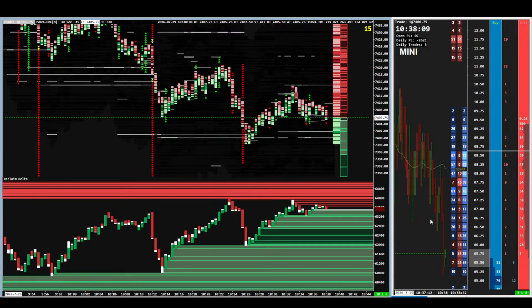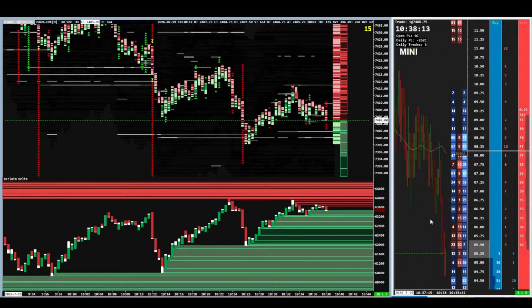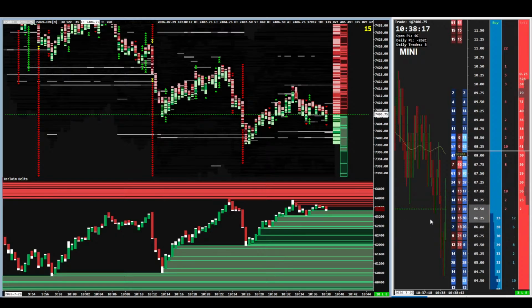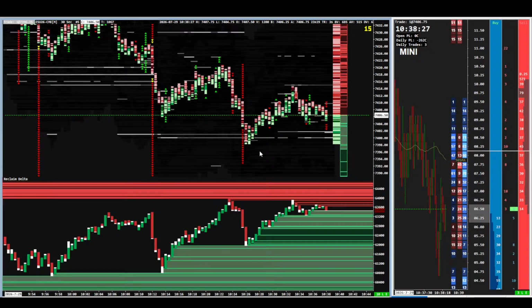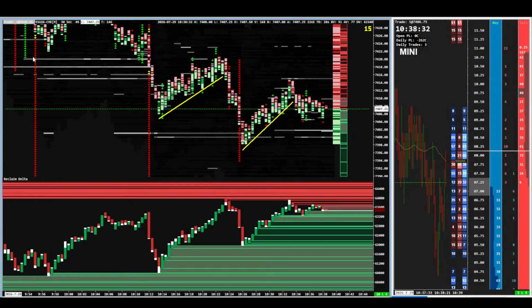I think it's on the bottom side of it again. But is it going to slip? There's just resting liquidity down there. That's why they moved into that sector.